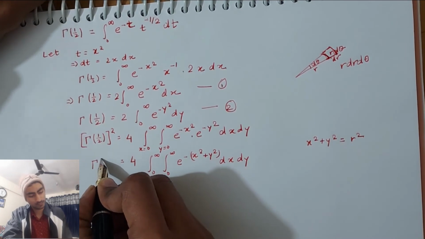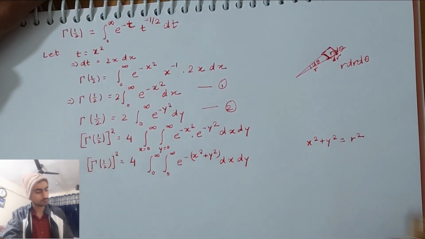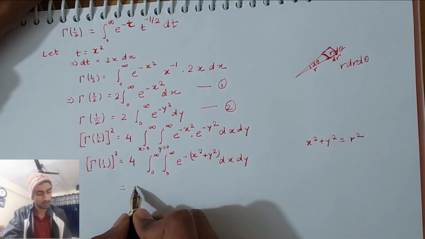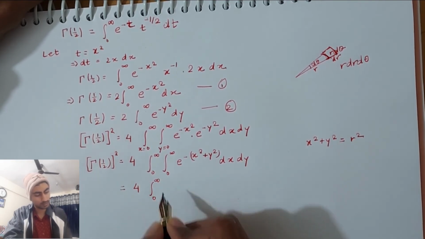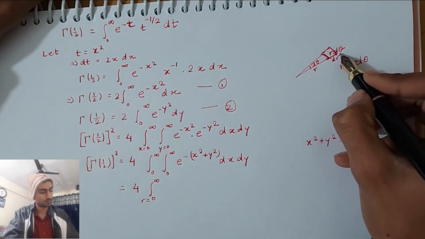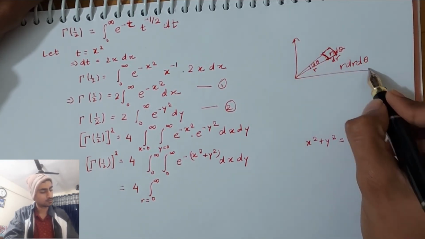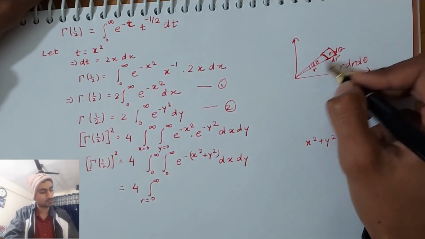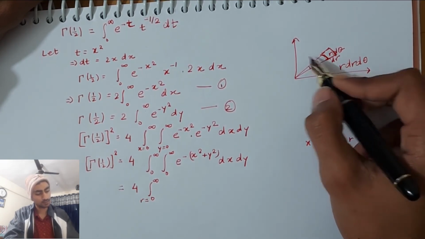So gamma of 1/2 squared is equal to this much, and we can write it as 4 times the integral where r goes from 0 to infinity. We can use any amount of r we want, all the r would be covered, but theta must be positive.